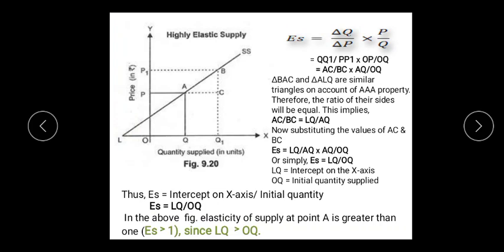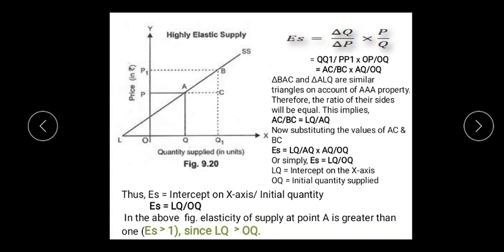Now dear students, from the percentage or proportionate method, we know that elasticity of supply is equal to del Q divided by del P into P divided by Q. That is, change in quantity supplied divided by change in price into initial price divided by initial quantity supplied.